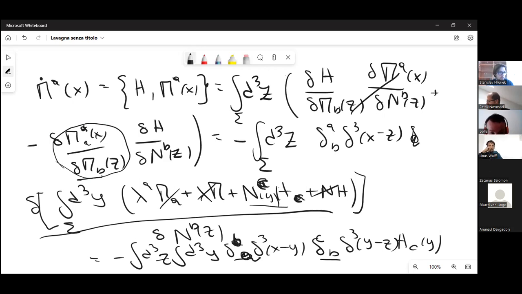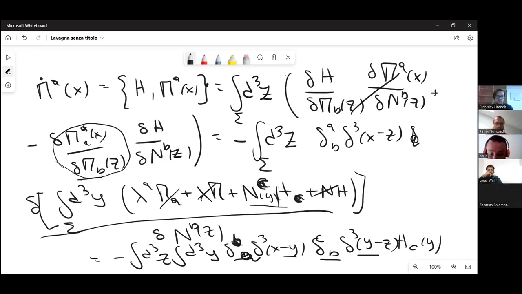So we contract this and it gives just the delta^C_A again, which when applied again to H_C gives just H_A. And when we integrate over d3y this delta and this delta, it just gives the Dirac delta of x minus z.